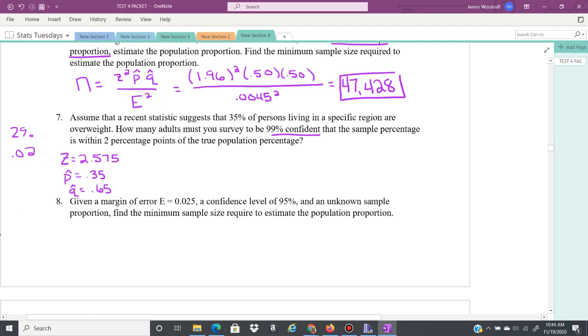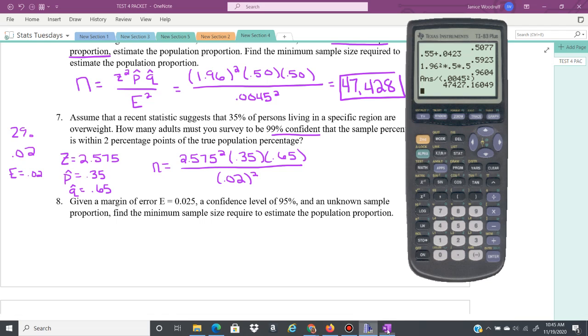So our E is going to be 0.02. So if we plug all of these values into this formula from number 6, you're going to have 2.575 squared times 0.35 times 0.65 over 0.02 squared.